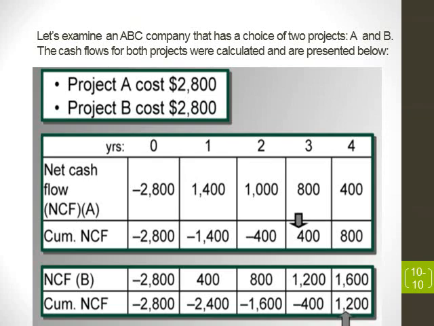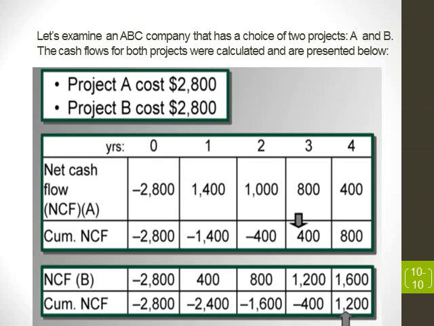You can also see two tables, first one for the first project and the second one for the second project, which list all these different cash flows. First one lists the net cash flows, NCF, for project A, and that simply means that at time 0, we need 2,800 in order to start that project.